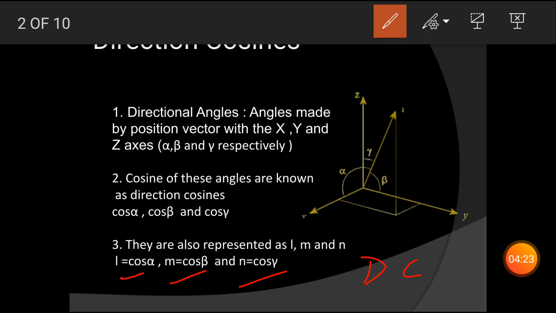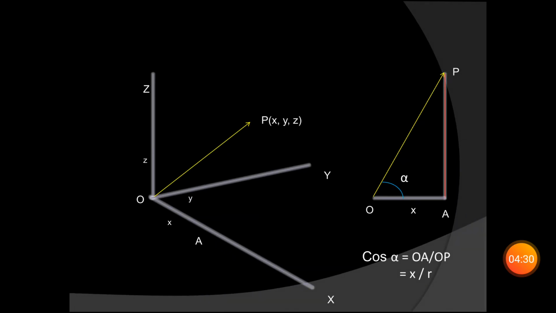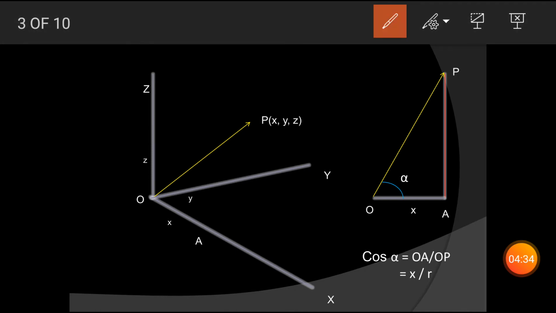Now, let's discuss it further. To understand it, first of all, we are going to consider this diagram. Here you can see that these are the three axes, x-axis, y-axis and z-axis, and this is our position vector OP.